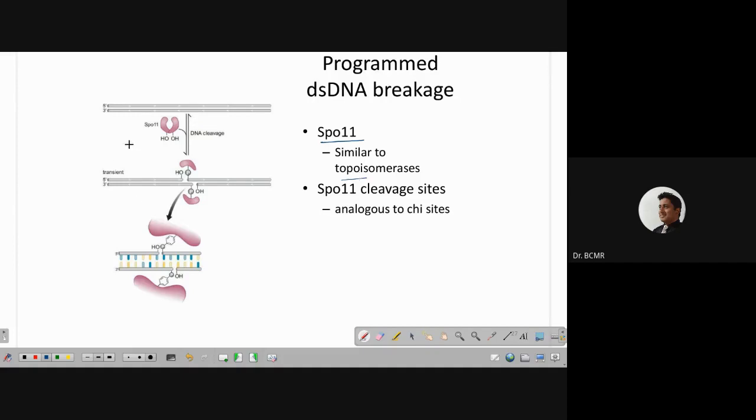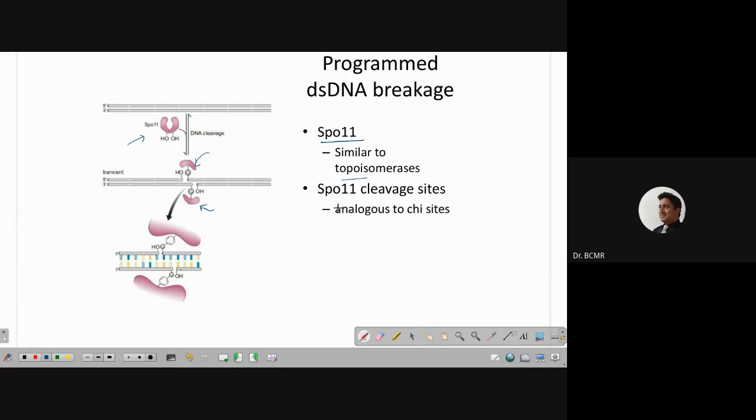So SPO11, as a dimer, will bind to the DNA and make a nucleophilic attack, and it is bound to the products as such. And then when there are new partners, it will reform these bonds. That is, SPO11 is the one that is generating the double strand breaks.